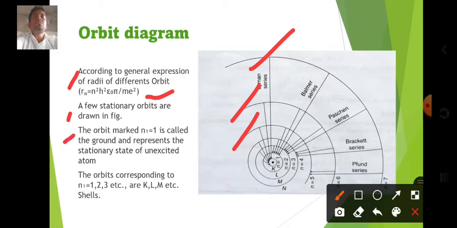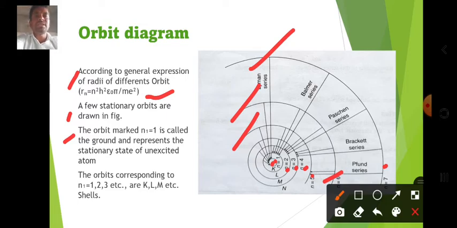The orbits are marked n1 equals 1. See, many numbers are given here: n1, n2, n3, n4, n5, n6, n7. So like these, 7 orbits are drawn, right? n equals 1 is called the ground state. The first one, n equals 1, is the ground state, and it represents the stationary state of the unexcited state.